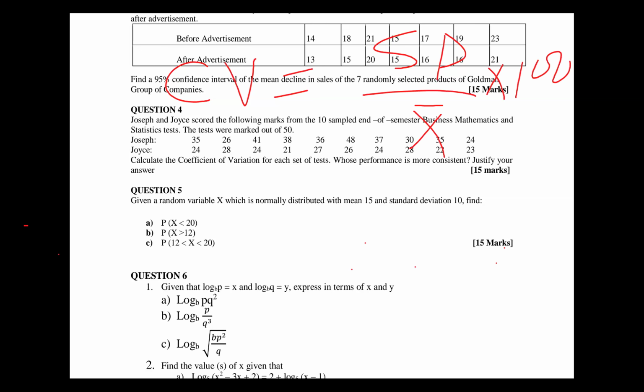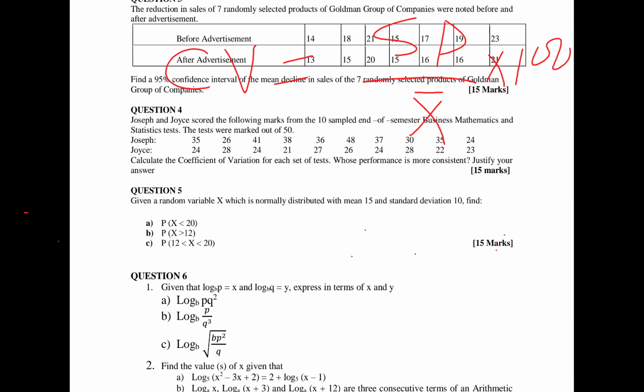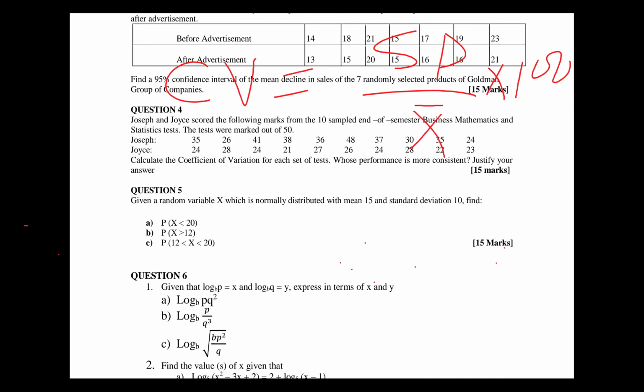You and I know that you cannot find the standard deviation before you find the mean, right? Because you need to use the mean to find the standard deviation. It follows that you have to start by finding the mean, all right? Then do the standard deviation, then find the coefficient of variation and pass a comment. Okay, let's go. We need to find the mean.